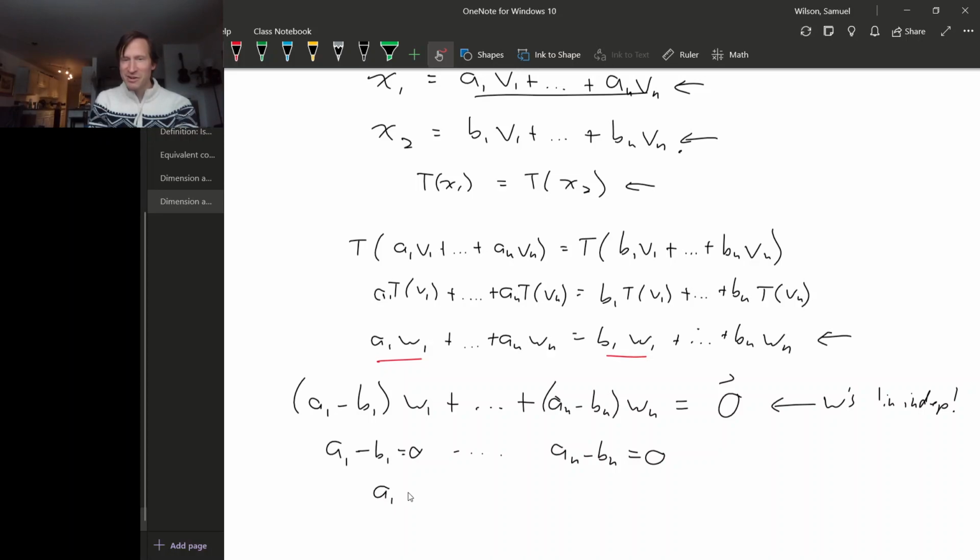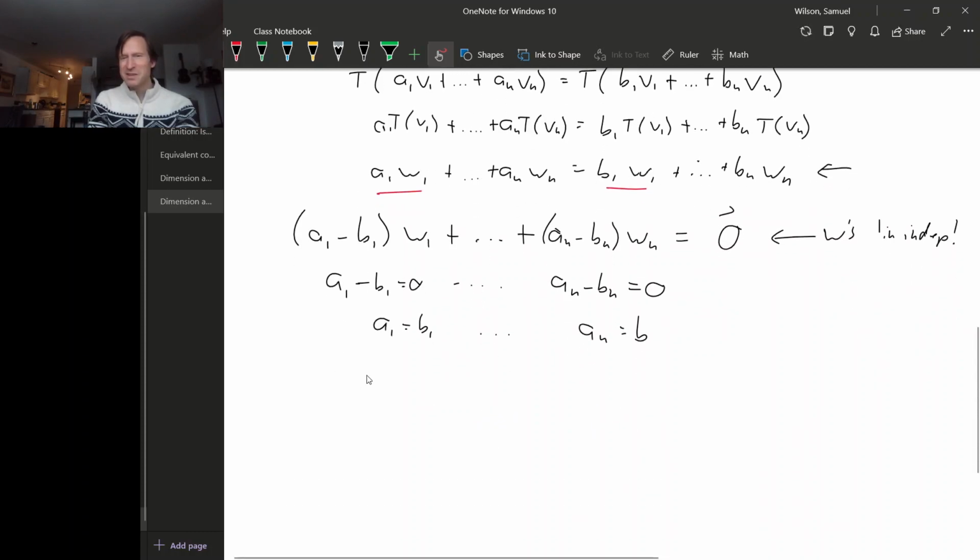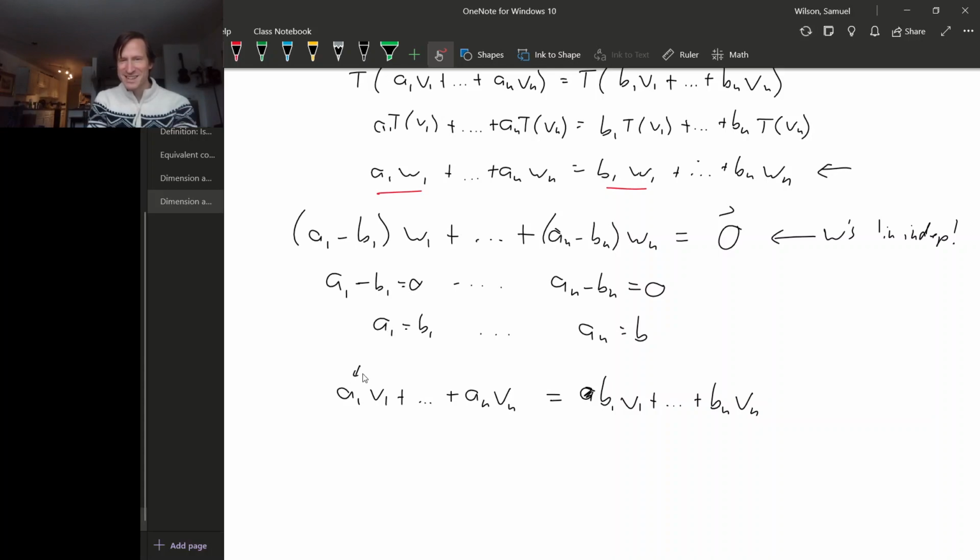But that means a1 has to be equal to b1, and so on, down to an has to be equal to bn. That means the linear combinations that we started with, a1 v1 plus dot dot dot down to an vn has to be equal to b1 v1 plus dot dot dot plus bn vn, just because, right, these coefficients, I'm using different symbols, but they're actually pairwise equal to each other.